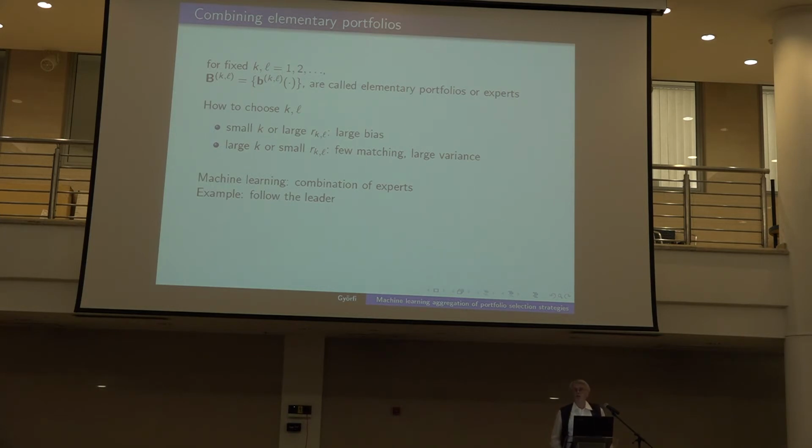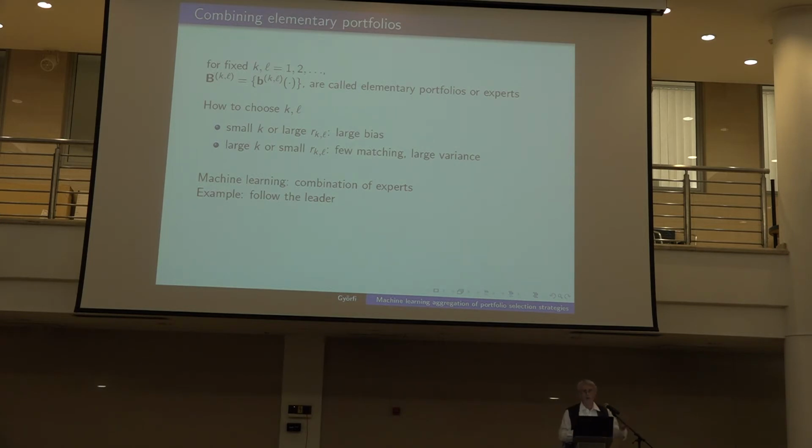The most obvious combination, it is essentially not a combination, it's a data-dependent choice of K and radius, is that, okay, all the experts are sitting in this room, and in the morning of day n, I look at the pocket of everybody here and look at the portfolio vector, what he or she suggests.